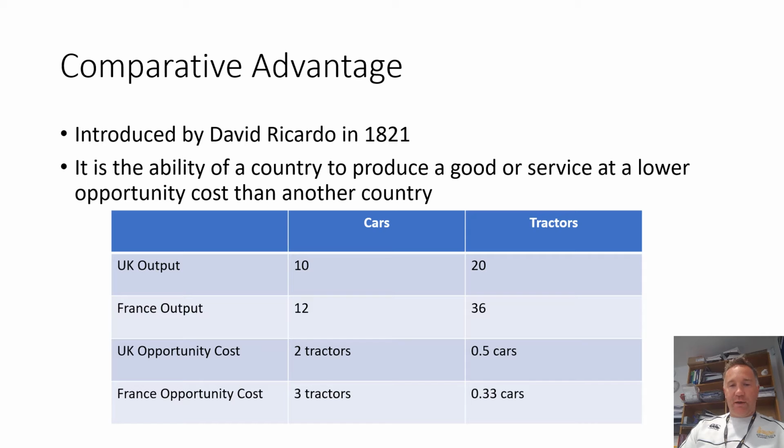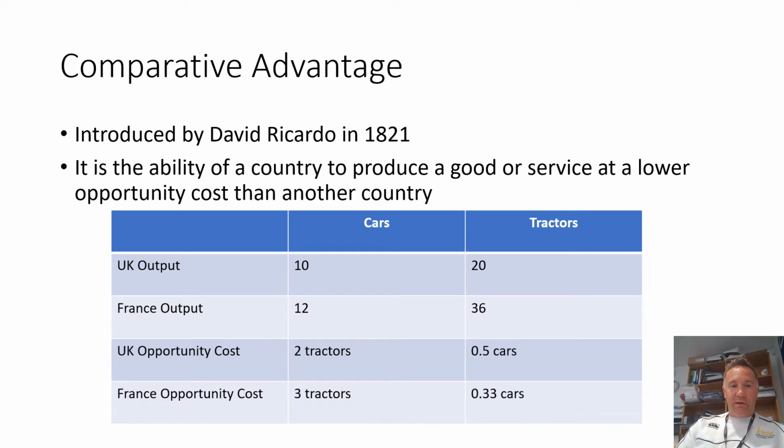For tractors in the UK, it's the reverse. If we decide to make one tractor, we're giving up half as many cars, aren't we? Because 10 is half of 20, so the opportunity cost is 0.5 cars. For France, the opportunity cost, you can see, is 36 divided by 12 gives us 3 tractors, but then the opportunity cost of making one tractor is a third of a car, so 0.33.